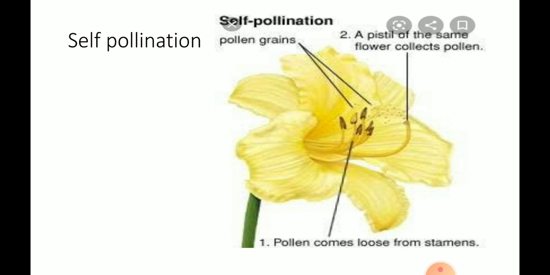It is known as self-pollination. This type of pollination usually does not require carriers or agents such as bees and butterflies. Peanuts, orchids and peas are examples of plants which show self-pollination.